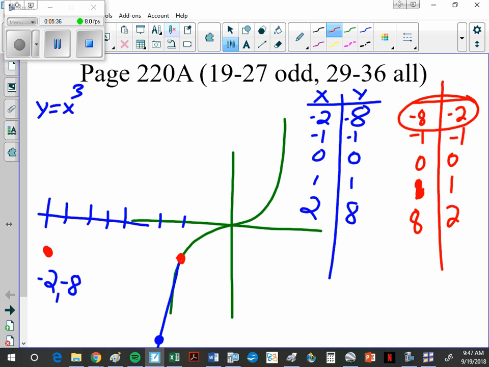Okay, and then 0, 0 is in the same place, and then 1, 1 is in the same place, and then 2, 8, which is somewhere up here, turns into 8, 2 right there. Oh, 2. That was a 1. So I get a graph that looks like this.